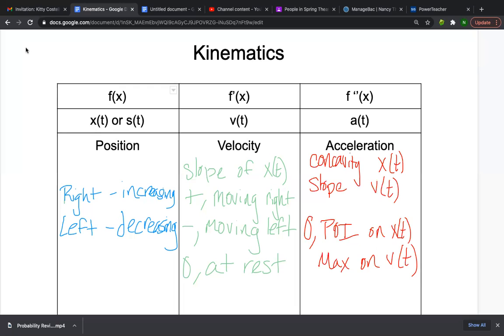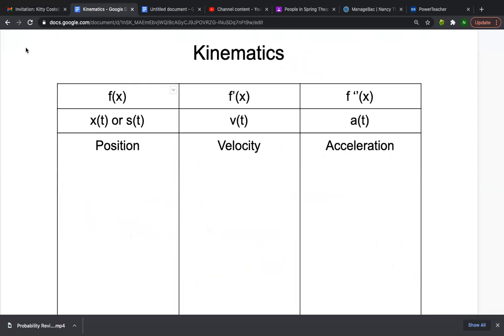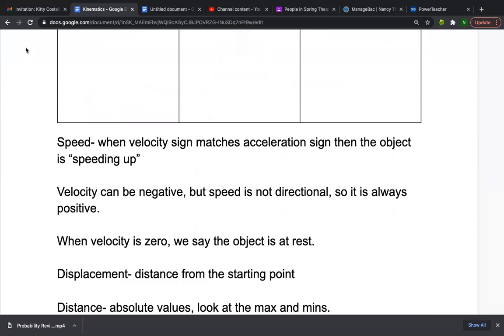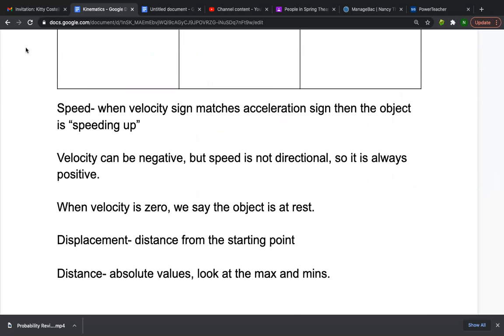Moving on from there, we can say that speed, often in English, we use this word interchangeably with velocity, but they don't mean the same thing. Velocity is a vector, meaning it has a direction, but speed is not directional, so it's positive.